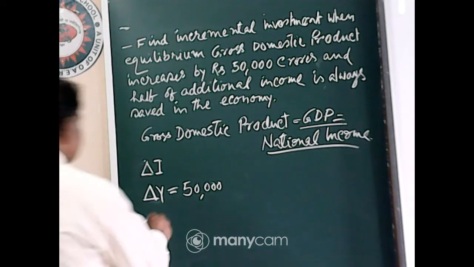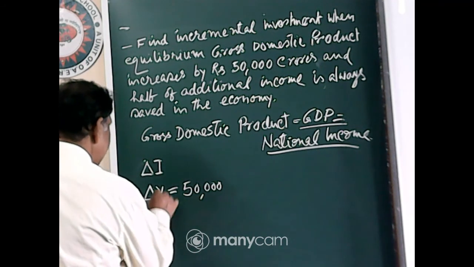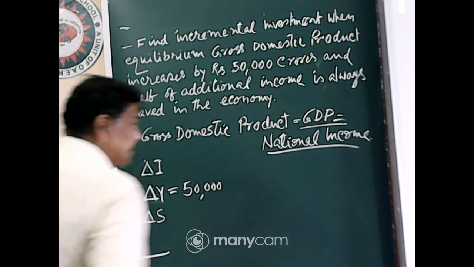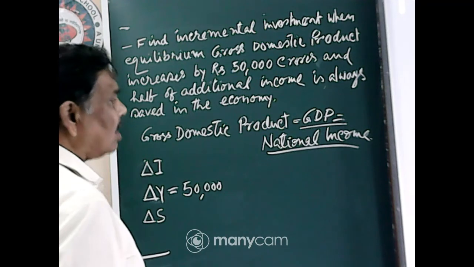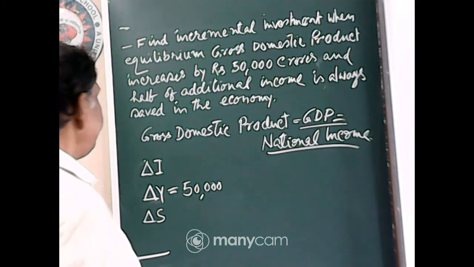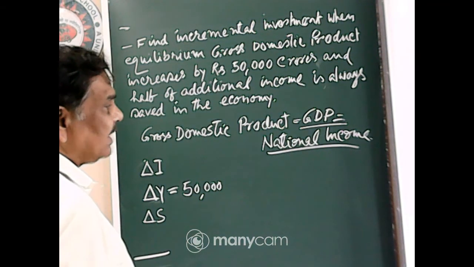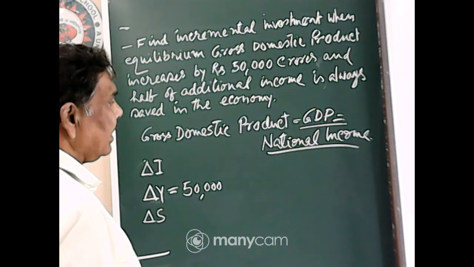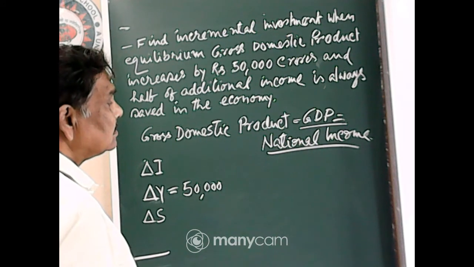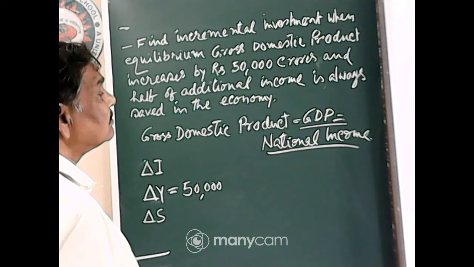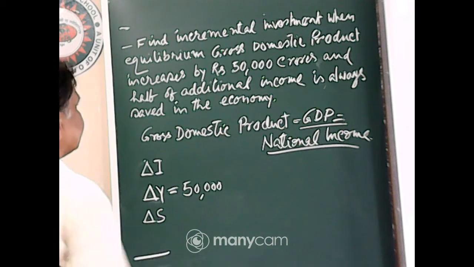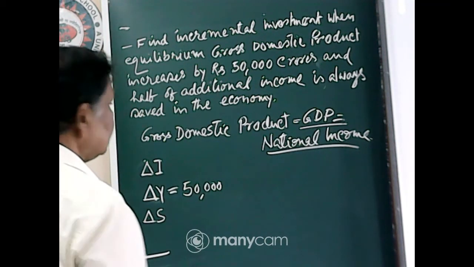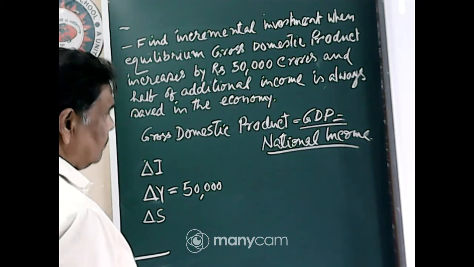So saving is S, and as it is delta Y, so it must be delta S, that is saving is done out of the increased income. So delta S is the increase in saving. So these are the data given here. I have written here. Now I hope you can do the sum.